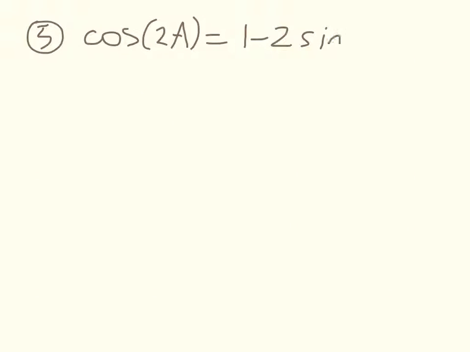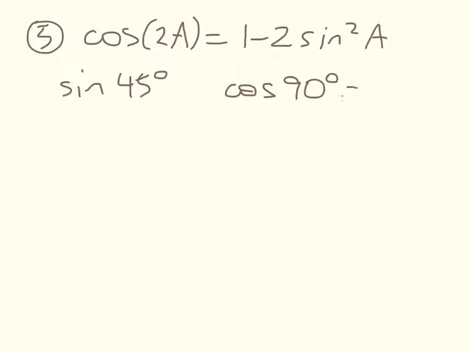Okay, last couple of questions. Number 5, we're told to use this version of cos 2a to work out the value of sine 45 degrees. Right, now we already know what the answer to that is, but we're given that cos of 90 equals 0.